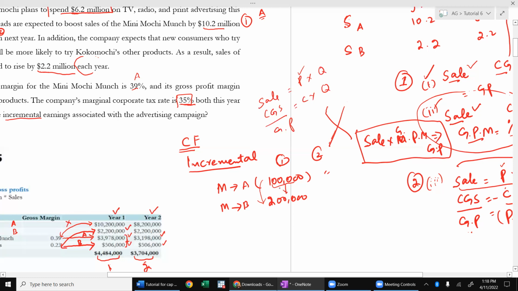So how is this decision of shifting from machine A to B affecting the components in the cash flow part? Is it affecting quantity, price, or cost? How is that? Anyone?